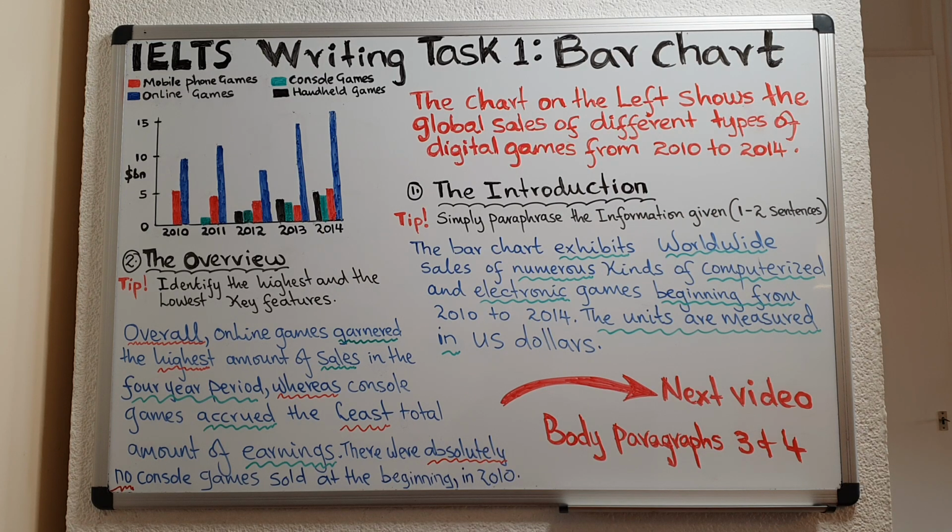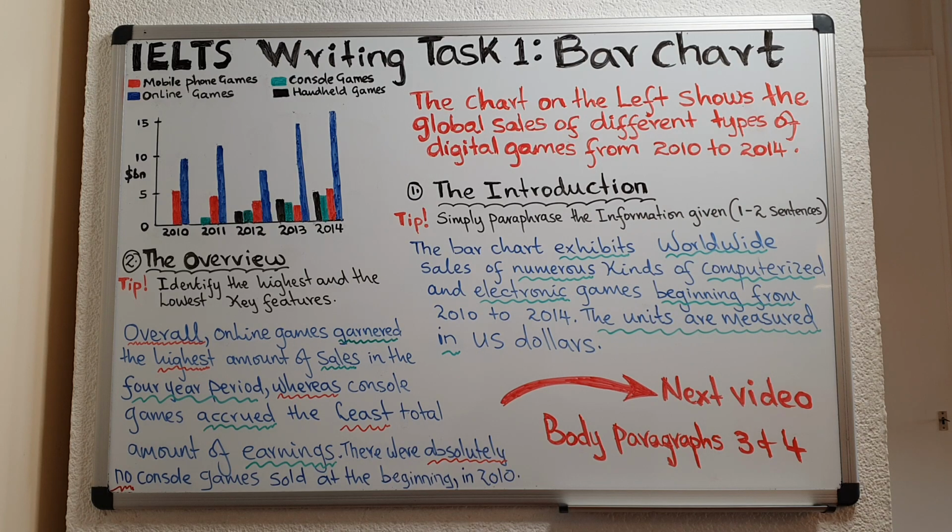Now, the other thing that I would like to point out is the vocabulary. In the introduction, I use the word exhibit, worldwide to mean global. So memorize that vocabulary. Every time you get the word shows, you can replace it with exhibits. When you get the word global or international, you can replace that with worldwide.